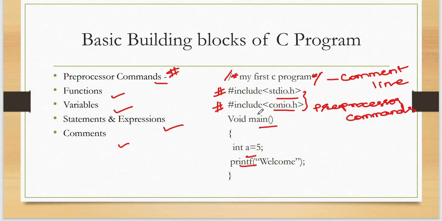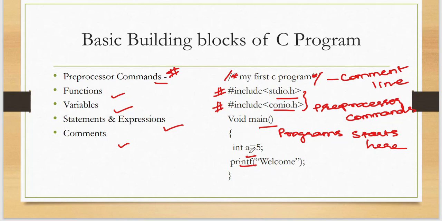In the same way, in a C program we give instructions to the computer to do a particular task. The main function indicates that the program starts here, which means the system is going to execute from here.